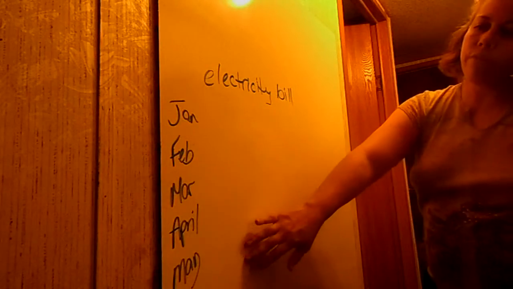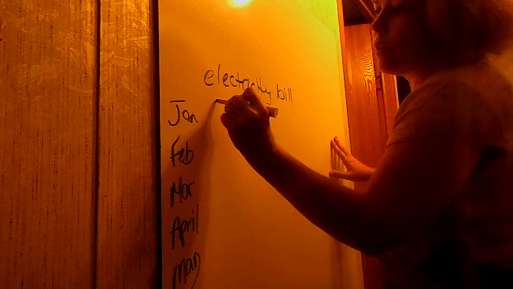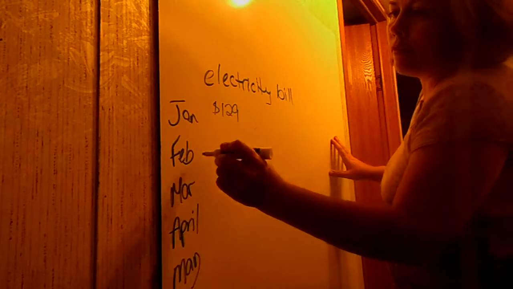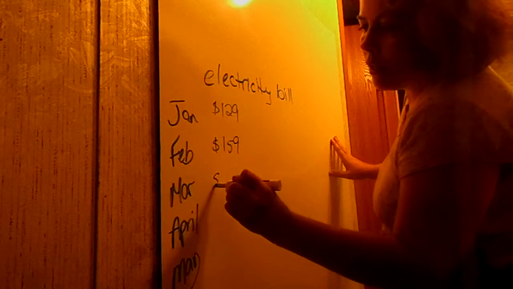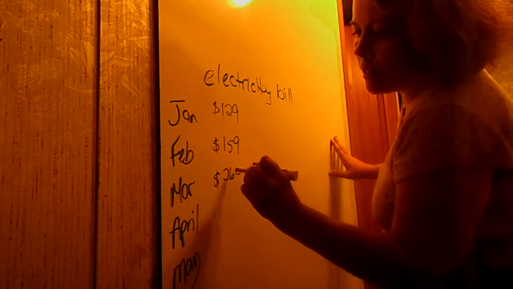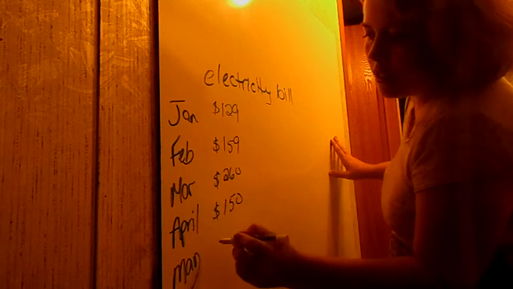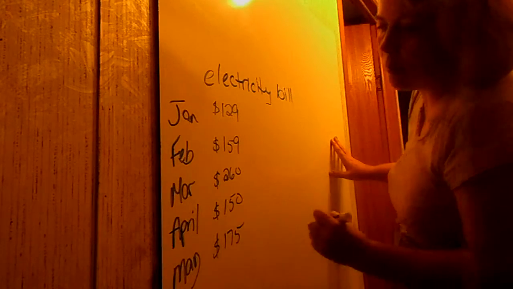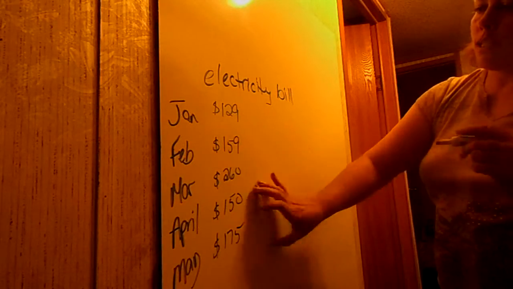So if you do those 5 months right here, you would say, okay, I've spent $129, and then February, our bill is $159. March, $260. April, it went down to $150, and May, it went back up to $175. So you can actually do a graph as well with just these prices.